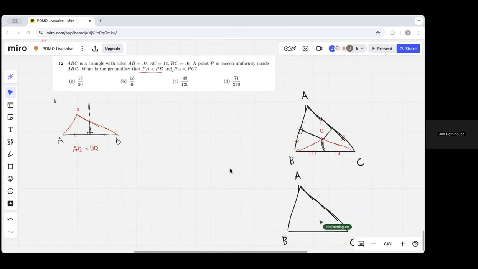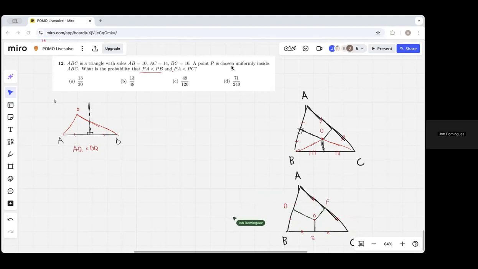We'll use the second triangle at the bottom and try to draw where the circumcenter is. It's not going to be accurate, sorry for that. Let's say this is circumcenter O, and let's say the midpoints are D, E, and F.